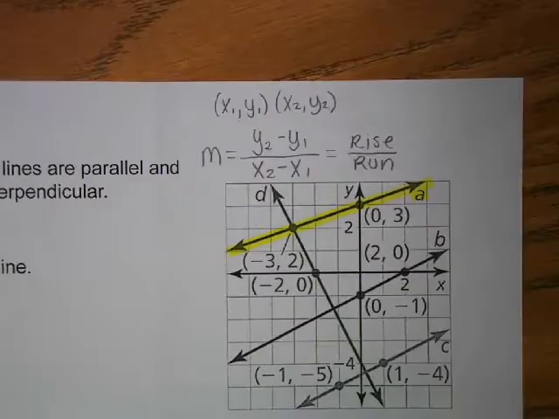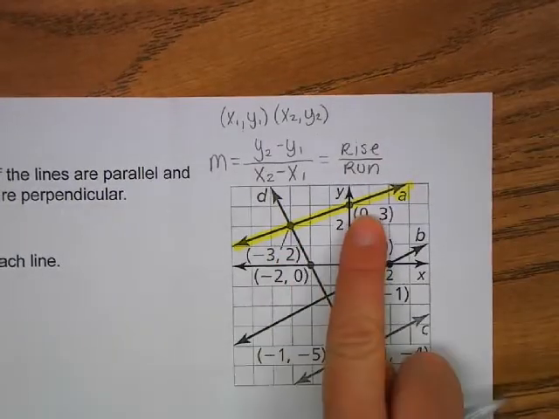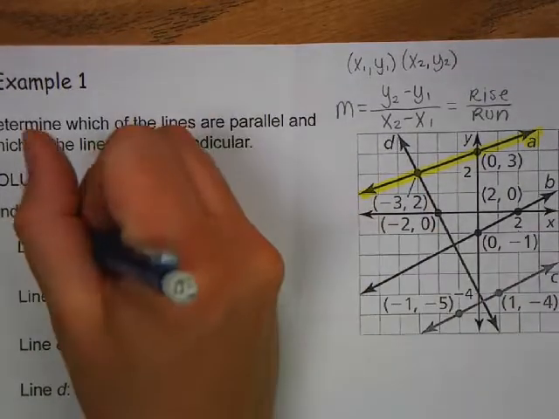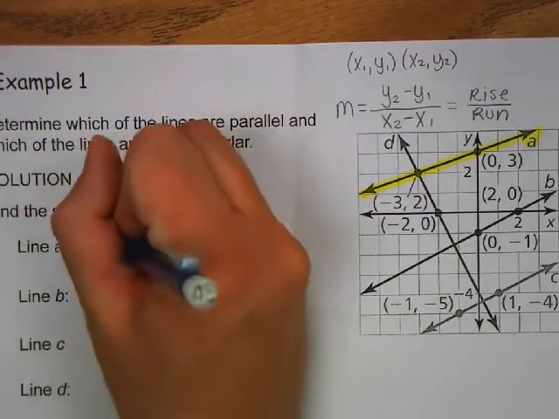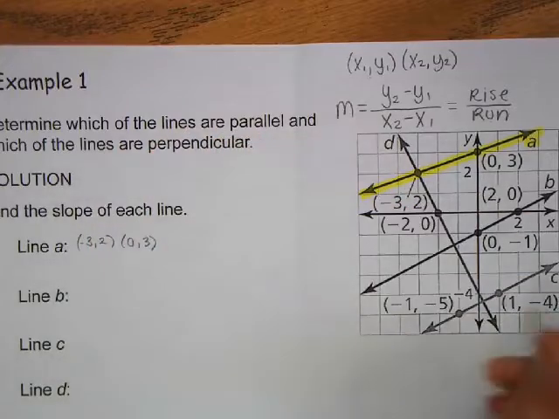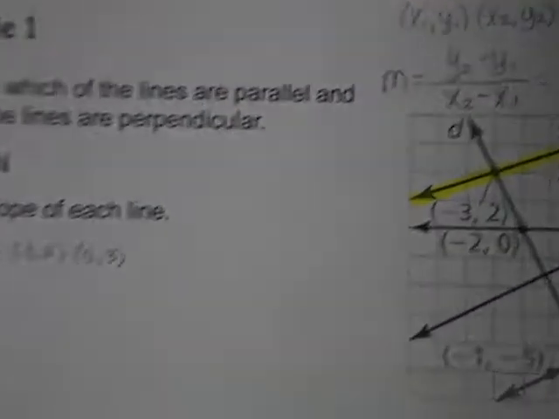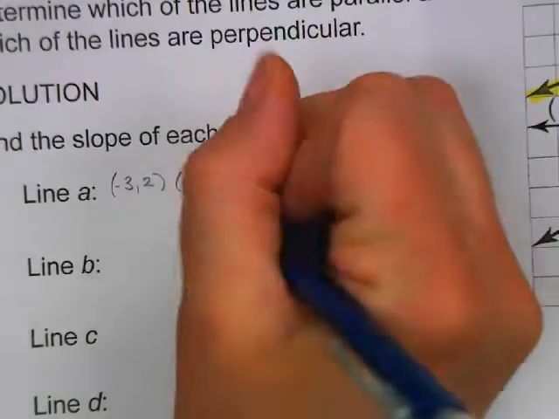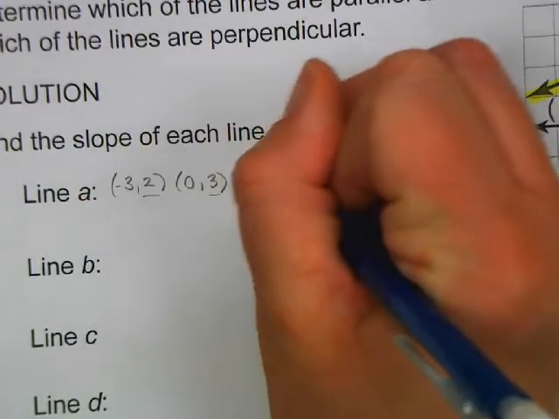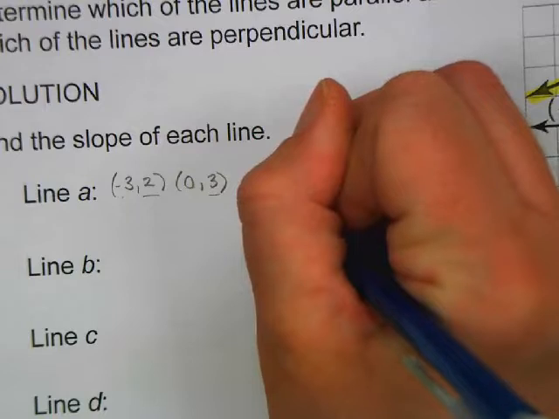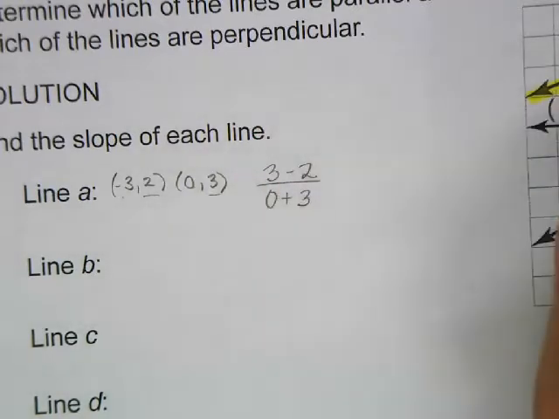I'm going to write these points down. For line A, I have 2 points on the line. One point is (-3, 2). The other point is (0, 3). You can calculate the slope between those 2 points using the formula. y2 minus y1 would be 3 minus 2. x2 minus x1 would be 0 minus -3, which is the same as 0 plus 3.